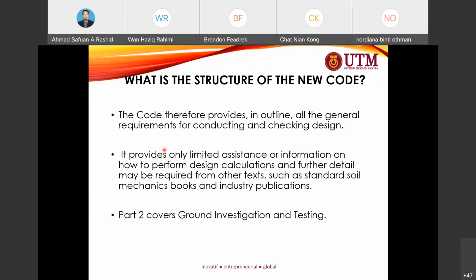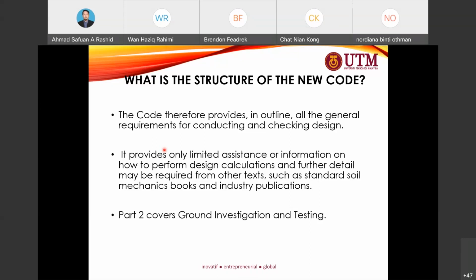So I will include a reference book, written by Smith, for the next class when we want to discuss shallow and also deep foundations, and then I will upload it in your e-learning as well.